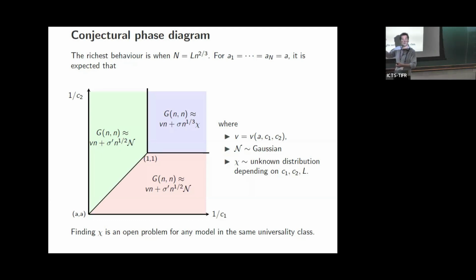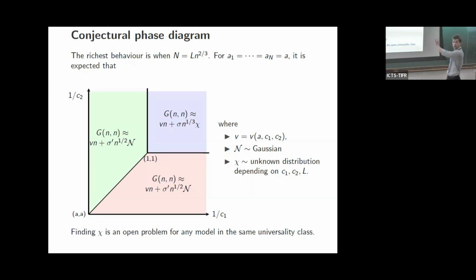And there is a case which is more disordered, in this region where C1 and C2 are not too large. The paths will really wander around everywhere in the strip. And we get asymptotics which are on the scale n to the 1/3 and fluctuate according to some distribution, which for the moment is unknown. Finding it is an important open problem, which is related to Kardar-Parisi-Zhang universality class with boundaries.